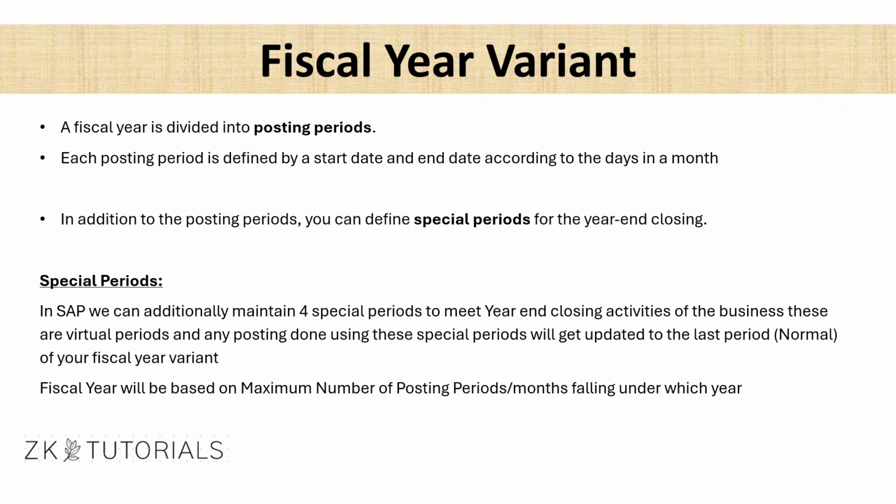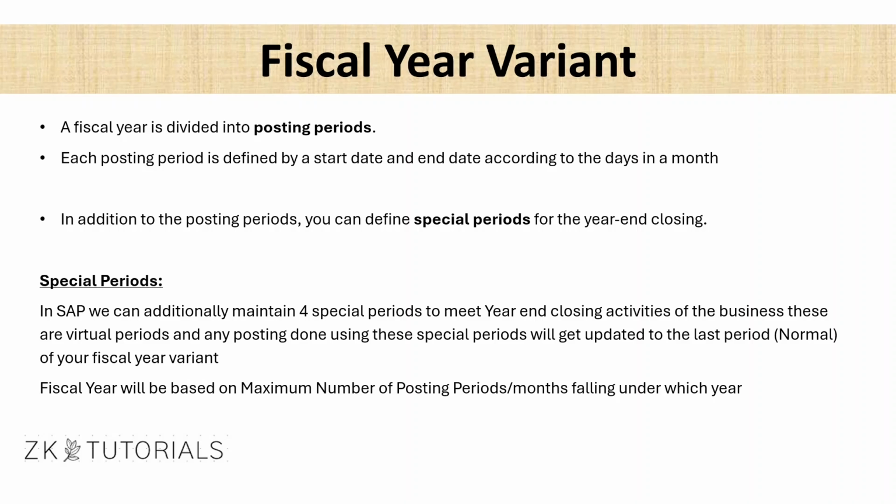In SAP, we can additionally maintain 4 special periods to meet year-end closing activities of the business. These are virtual periods, and any postings done using these special periods will get updated to the last period of your fiscal year variant. Fiscal year will be based on maximum number of posting periods or months falling under which year.